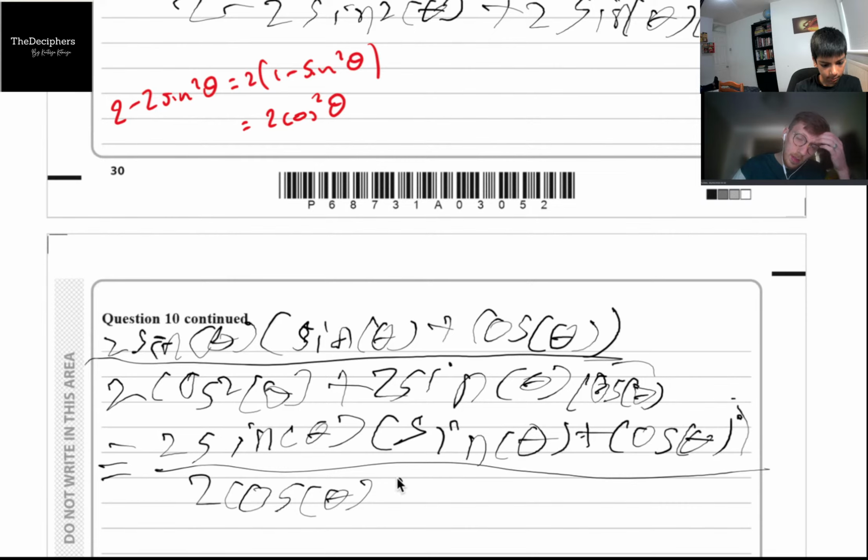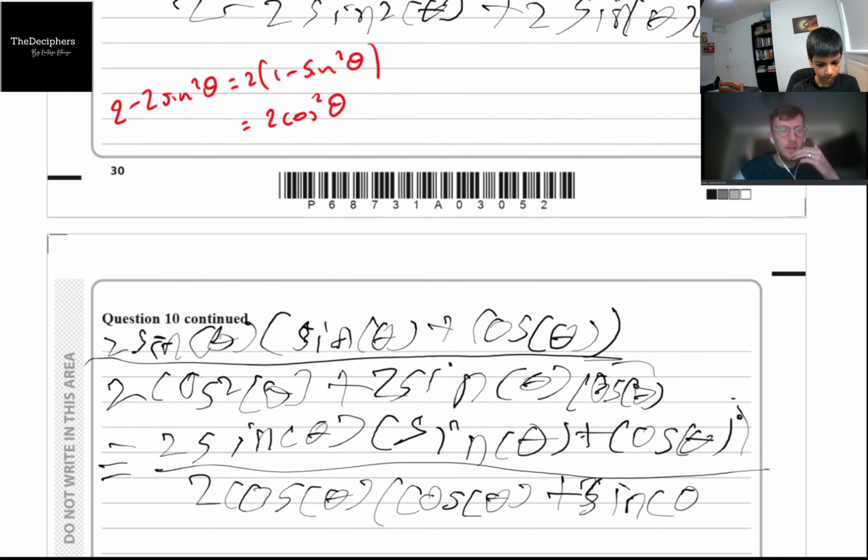Yeah, so what are we doing to the denominator? The denominator, we're just factorizing 2 cos theta, times cos theta plus sine theta. Brilliant. Fantastic.